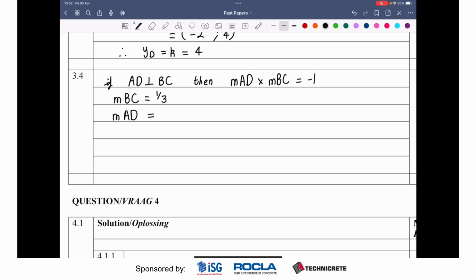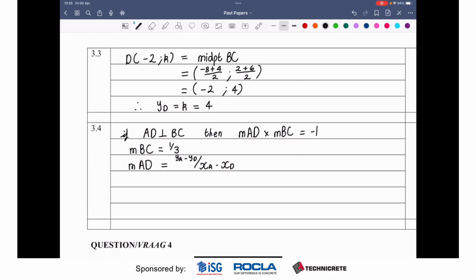In the exact same way, the gradient of AD is going to be the change in y over the change in x. So I'm going to have the y value of A minus the y value of D divided by the x value of A minus the x value of D. Then I know the coordinates of A and D, so I can just substitute in these values.